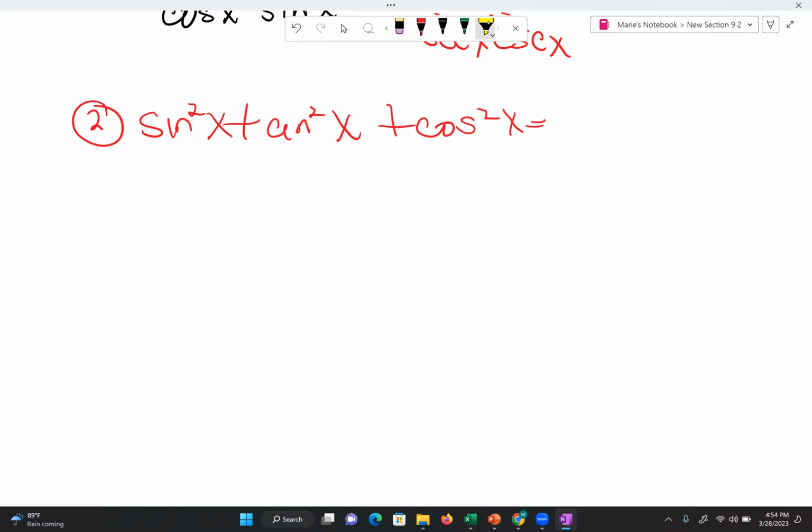So if you look here, again, Pythagorean theorem, the identity, you end up with 1 plus the tan squared x. And as you know, tan squared x is equal to secant squared x. So you need to know those identities.